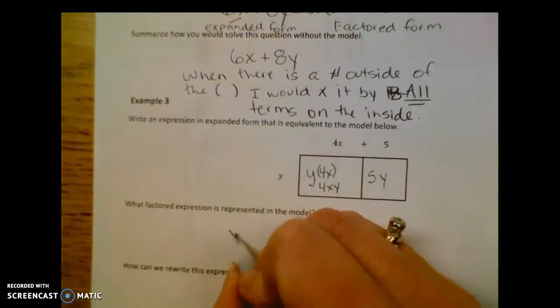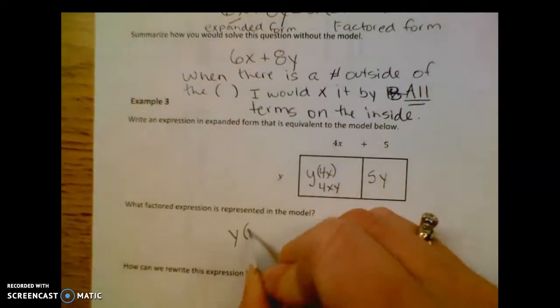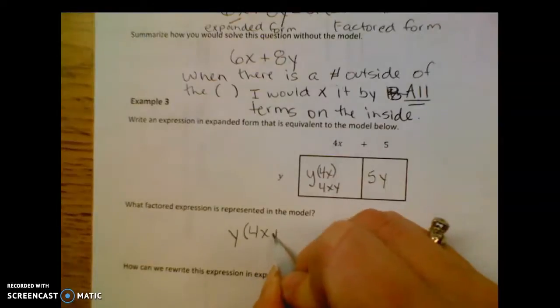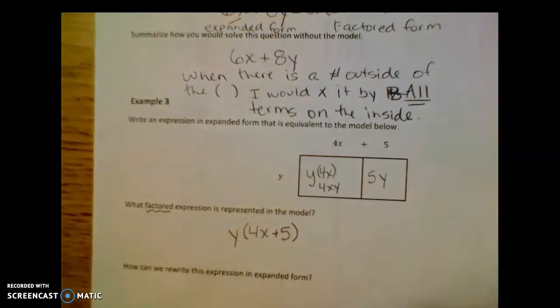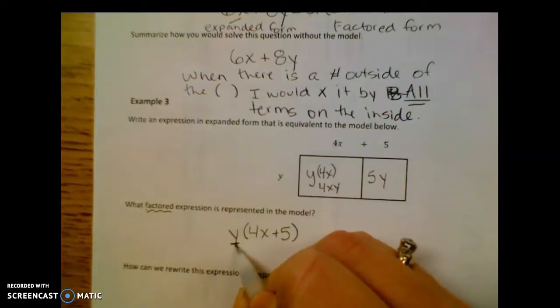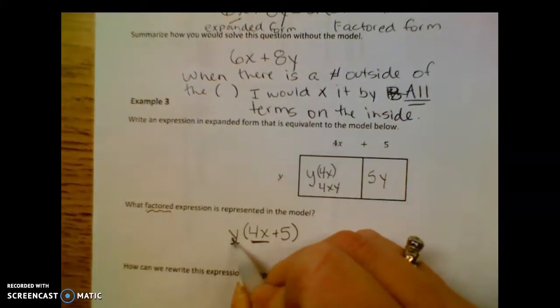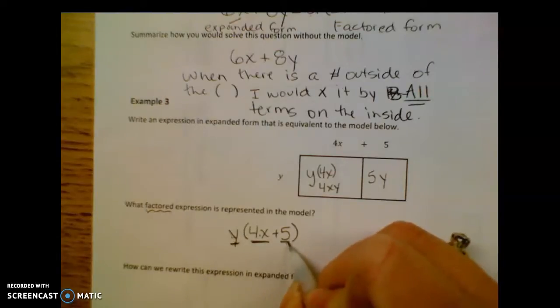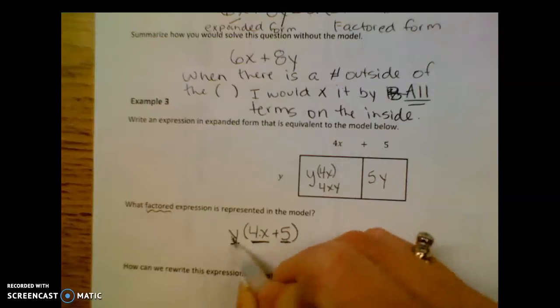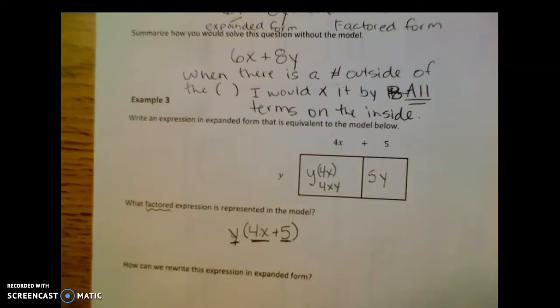That's when we have our y groups of 4x plus 5. And again, it's called the factored expression because here's one factor, here's the other factor, y times 4x. Those are the two things we're multiplying together. And then here's one factor, here's the other factor, y times 5. That's why this is the factored model.